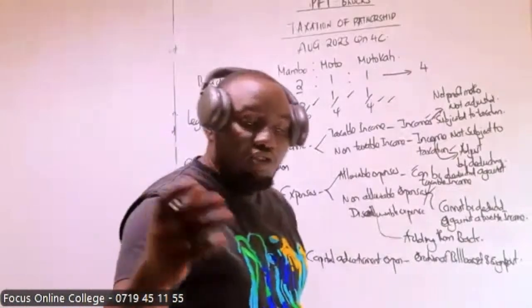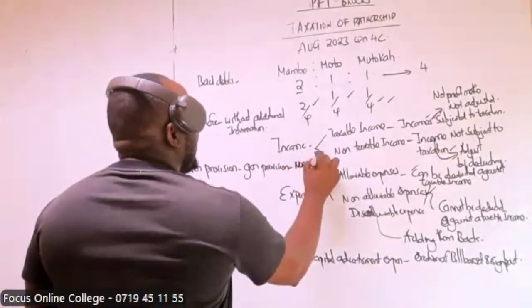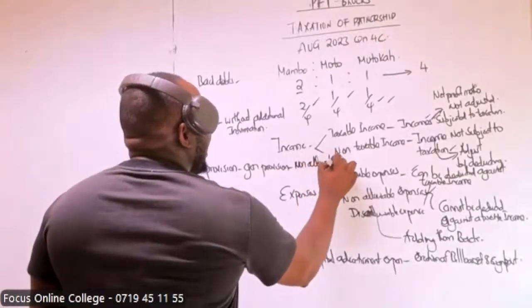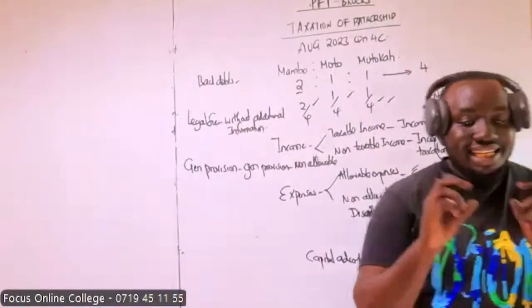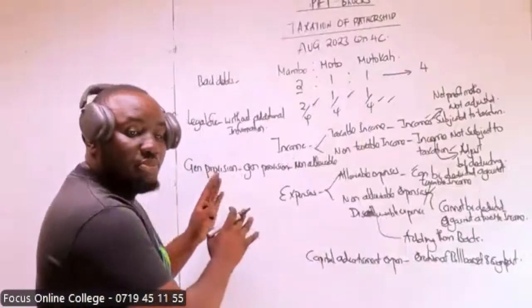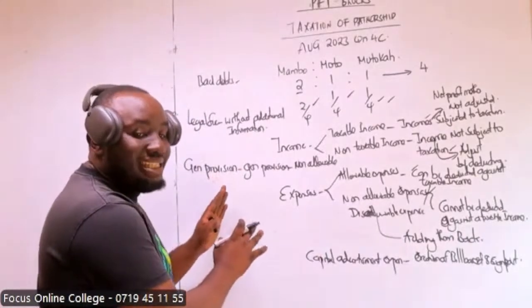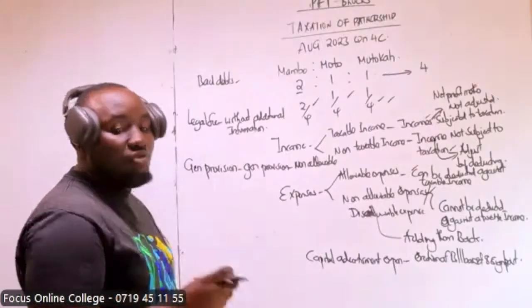How do you treat a general provision? It is non-allowable. I've said in taxation, we only allow what we call a specific provision for bad debt, but we do not allow a general provision for bad and doubtful debt.